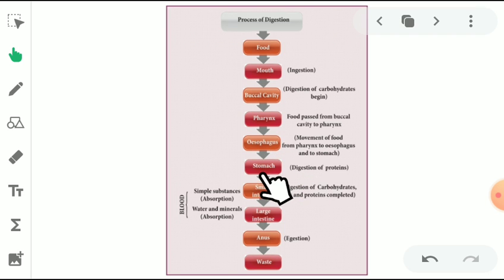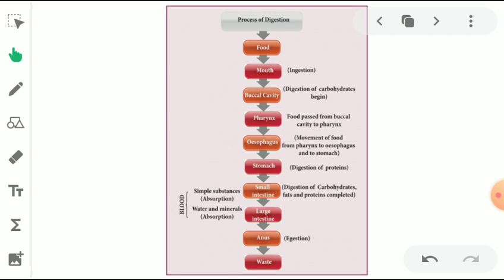Here in the stomach, the digestion process continues. After 3 to 4 hours, the food reaches the small intestine. Digestion of carbohydrate, fat and protein is completed. Small substances are absorbed in the small intestine by the villi.